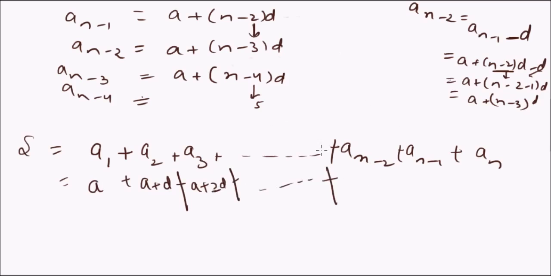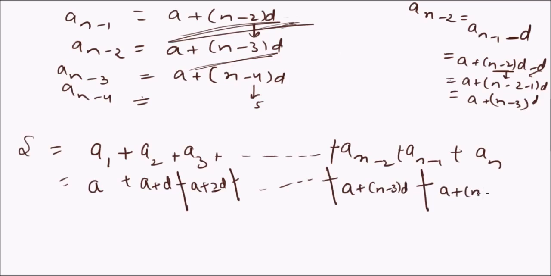AN minus 2 is A plus N minus 3D, AN minus 1 is A plus N minus 2D, and AN is A plus N minus 1D.